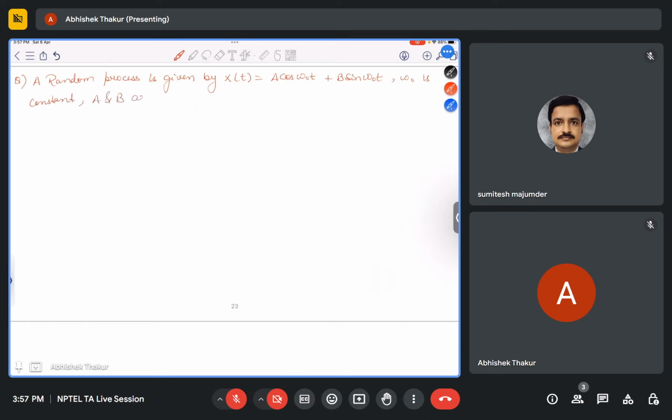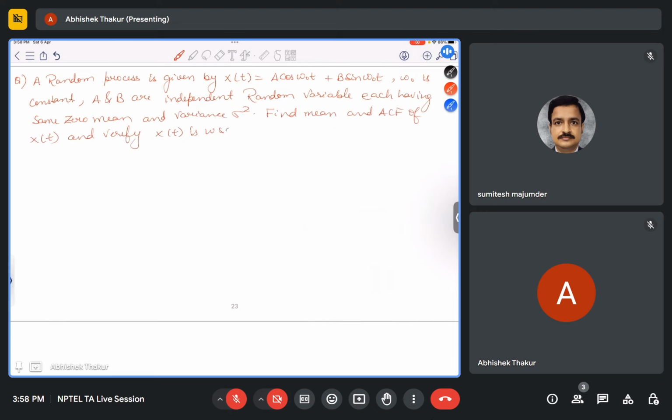A and B are independent random variables, each having the same zero mean and variance σ². Find the mean and autocorrelation function of x(t) and verify whether x(t) is WSS or not.